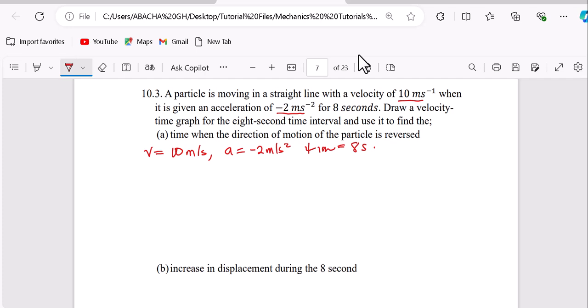So when it is given an acceleration of this, draw a velocity time graph for the 8-second time interval, and use it to find the time when the direction of motion of the particle is reversed.